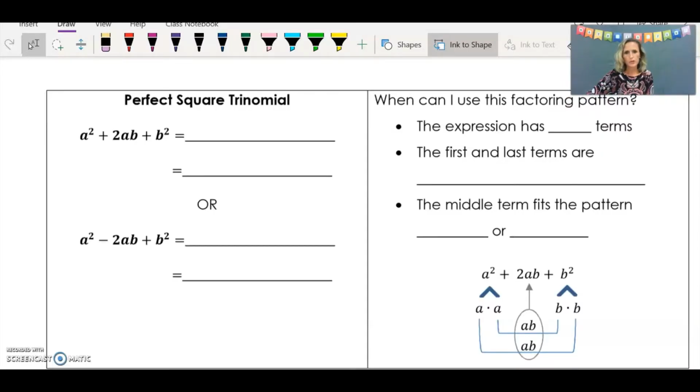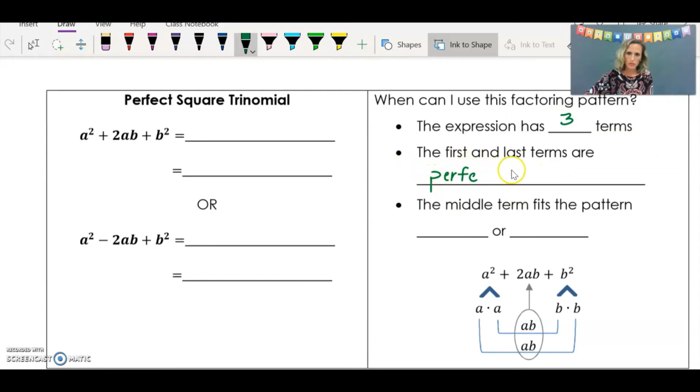In recognizing those special patterns of multiplication, we can also apply them in order to factor. So first we'll talk about perfect square trinomials. In a perfect square trinomial, you will see 3 terms, so the expression has 3 terms. The first and the last term are perfect squares.